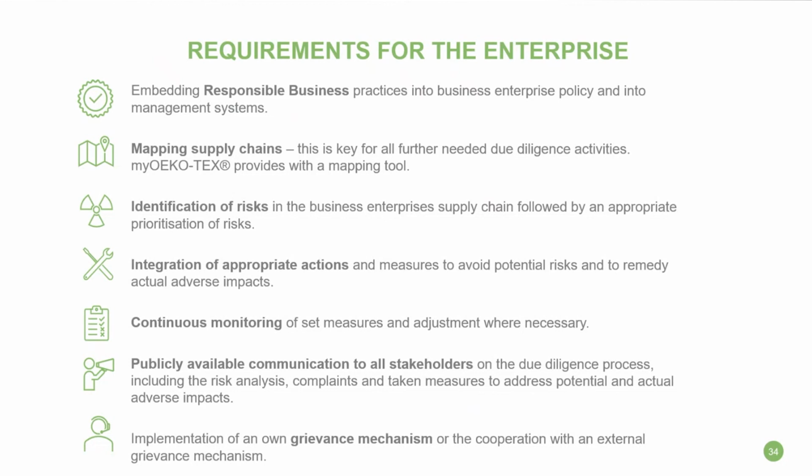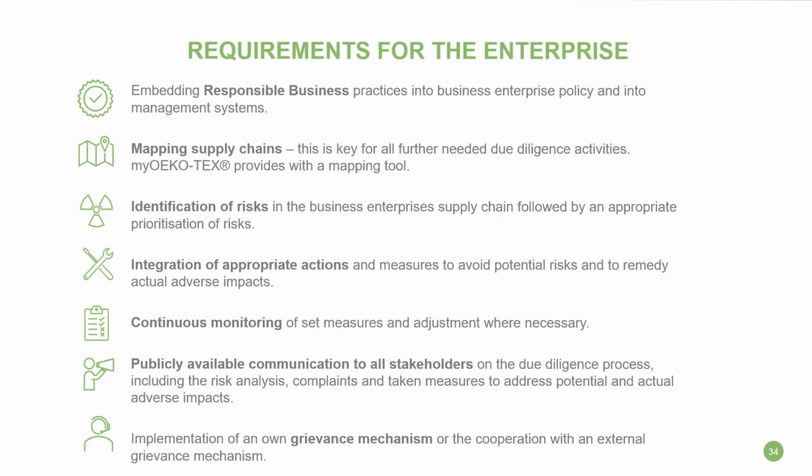After we have this kind of mapping, we can identify risks and prioritize them. We will be able to integrate appropriate action and measures to avoid potential risks and to remedy actual adverse impacts. And then through continuous monitoring of set measures, we can make adjustments where necessary.